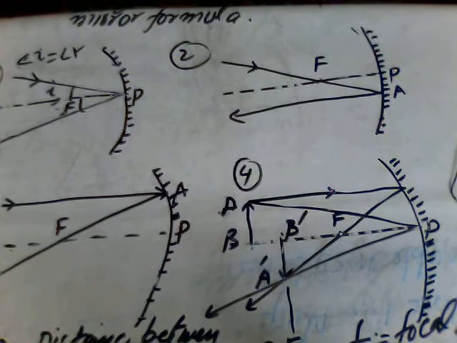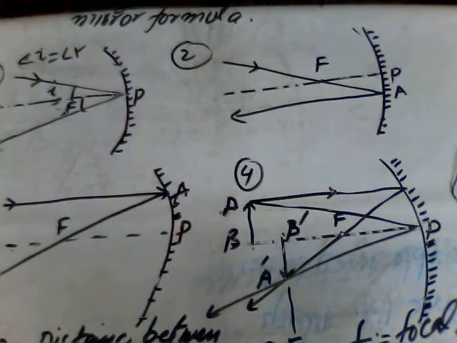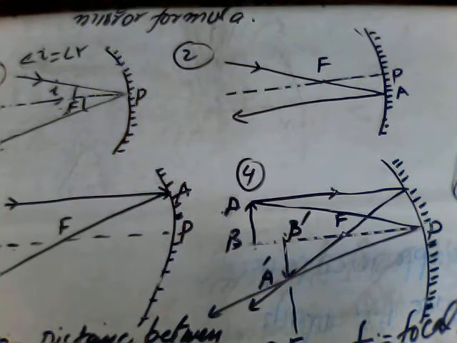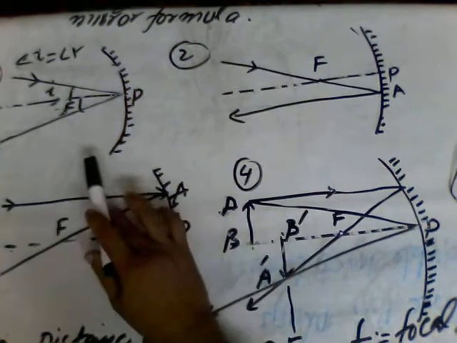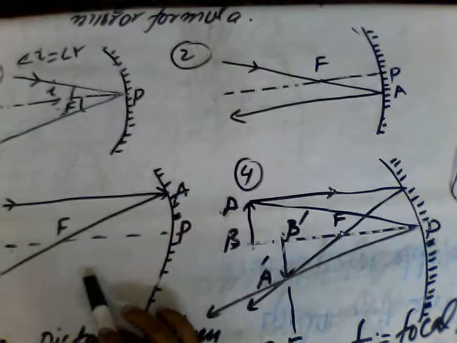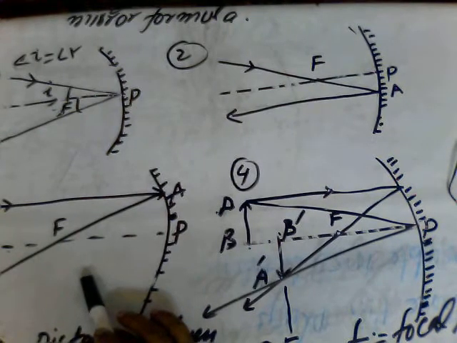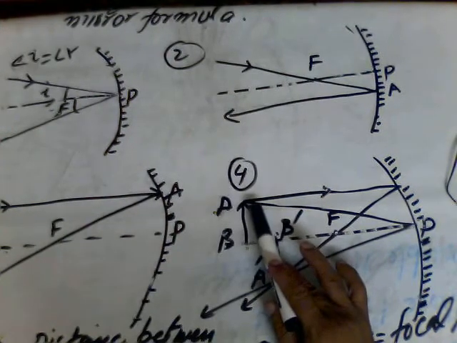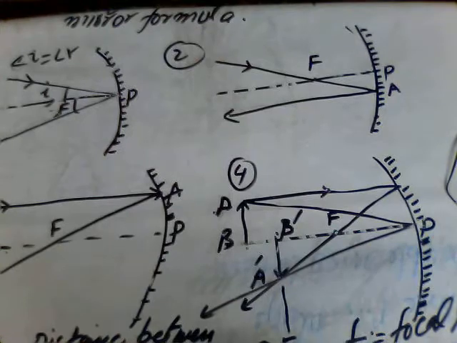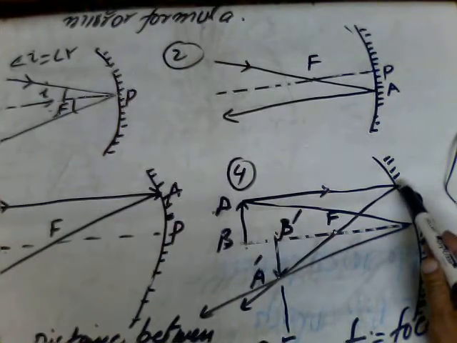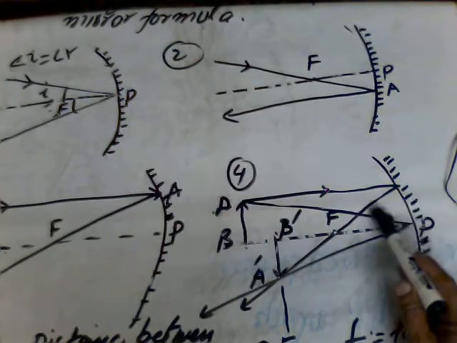It is a beam of light, but we consider only two rays, case 2 and case 3. A light ray comes from the source parallel to the principal axis, strikes the mirror, and goes back through the principal focus.